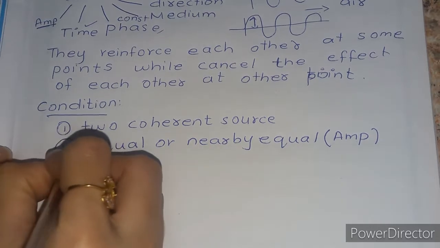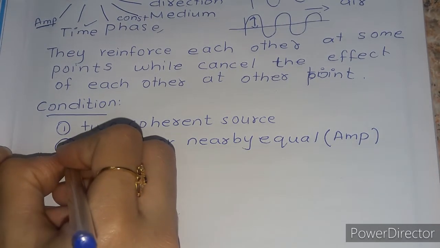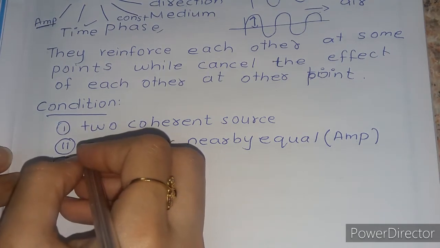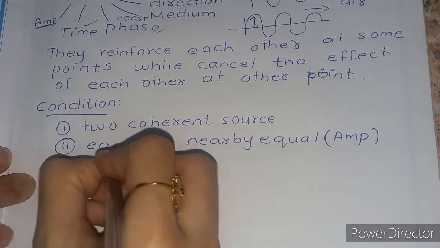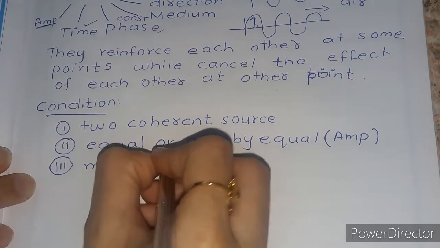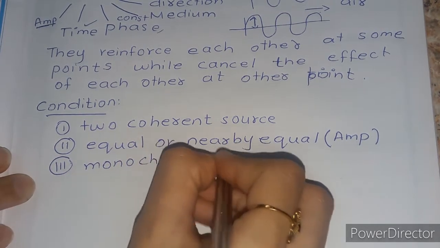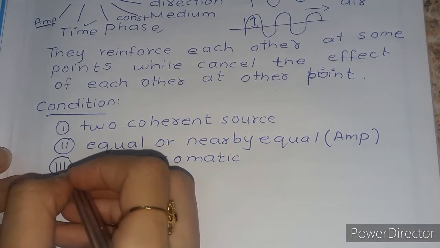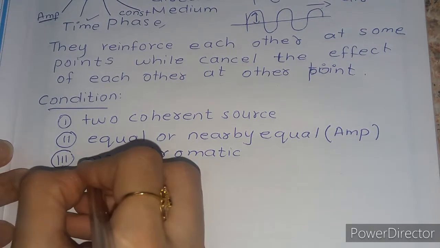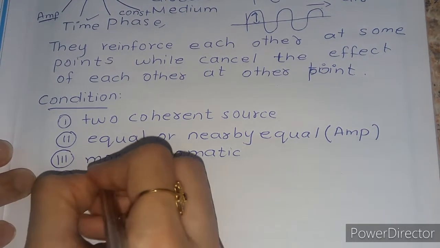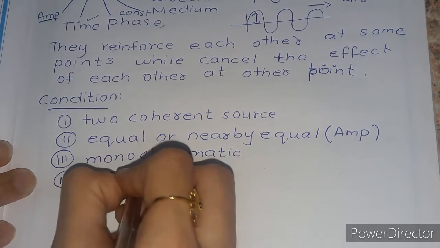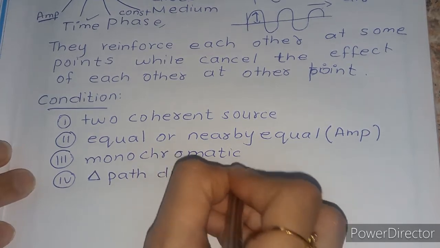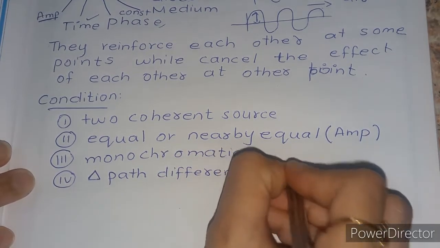Third point, the light wave should be perfectly monochromatic. Fourth point, the path difference between the waves must be small.